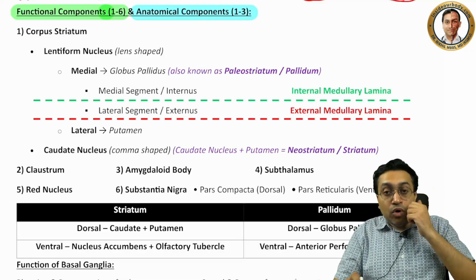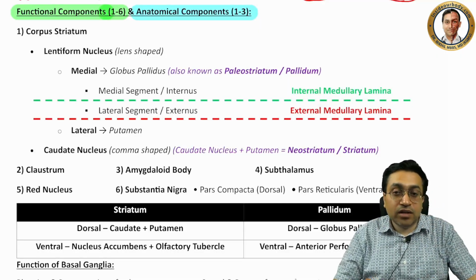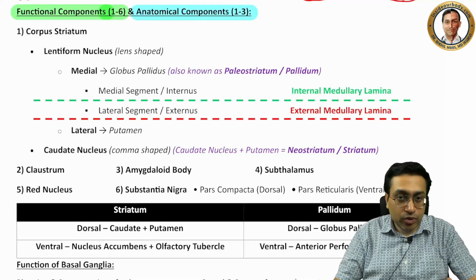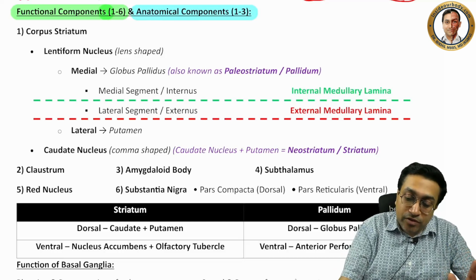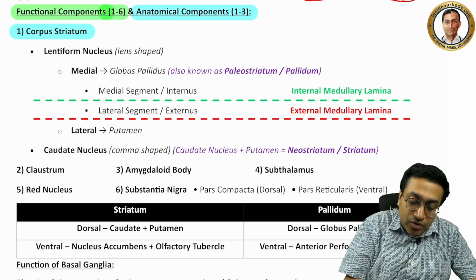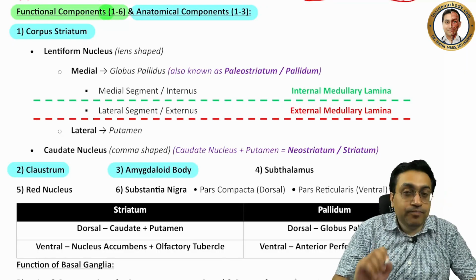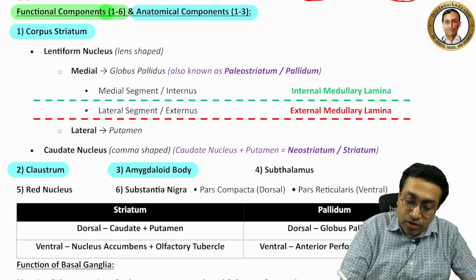So all of them which are listed here, 1 to 6, they all are the functional components, okay, and anatomical components are only 3. So let me use the same color: the corpus striatum, claustrum and amygdaloid body, okay. I will explain you all these, don't worry.